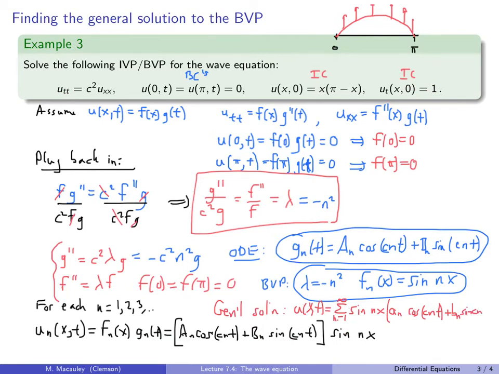And again, I'm running out of room, so I'm going to try to squeeze it in here. Okay, and that is our general solution. I'm not going to write that out explicitly because I will do that on the next slide. But what's left now is to use these two initial conditions to tell us what a_n and b_n have to be.